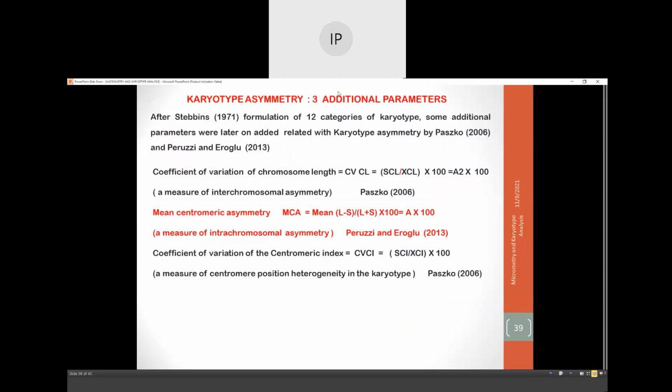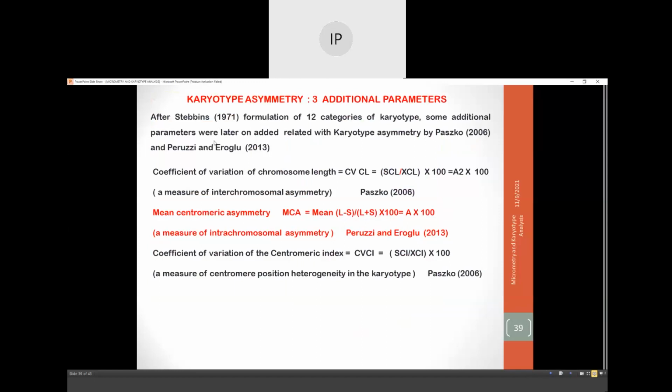Now karyotype asymmetry, after Stebbins, also some work has been done. Three additional parameters have been added after Stebbins' 1971 formulation of 12 categories of karyotype.